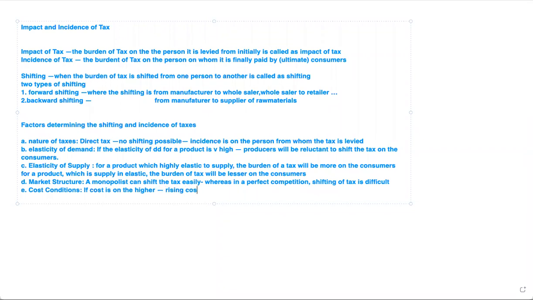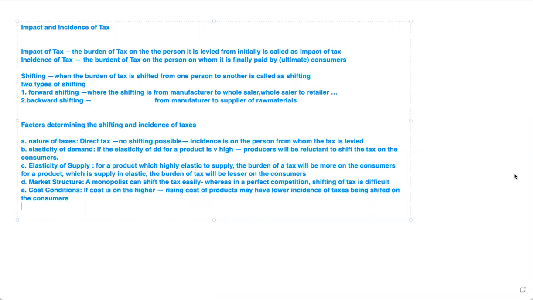Rising cost of products may have lower incidence of taxes being shifted on the consumers.